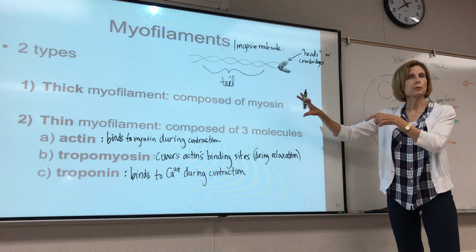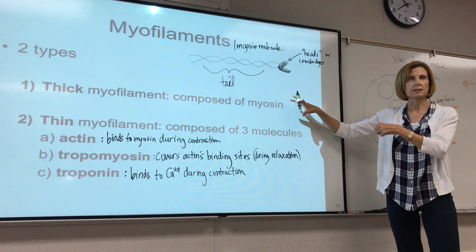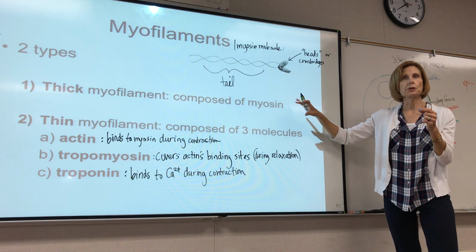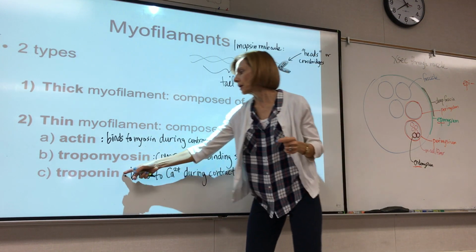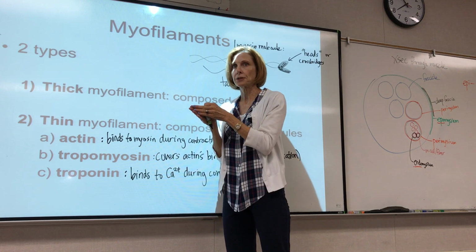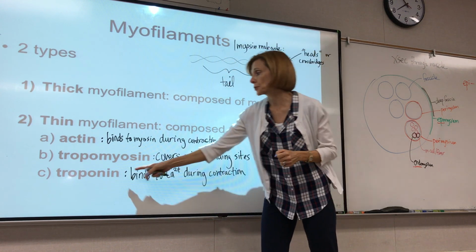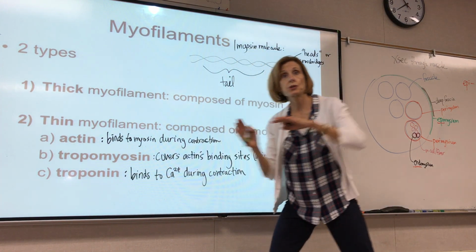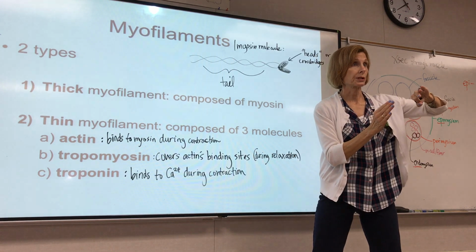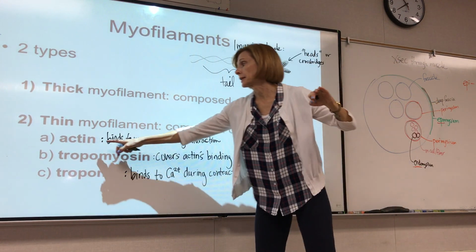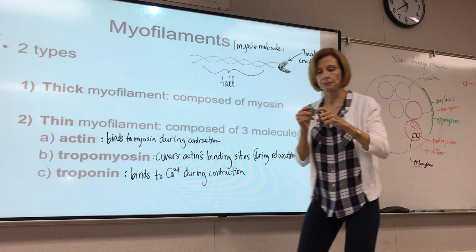I'll go through that again when we look at the diagram. It will make more sense, okay? You'll see that troponin and tropomyosin are located right next to each other. So when calcium binds to troponin, that's going to kind of shove the tropomyosin over. And then the binding sites on actin will be exposed.